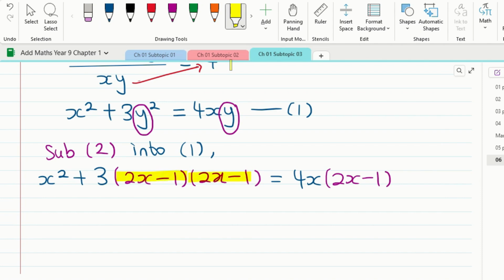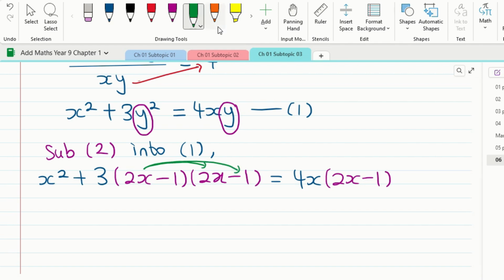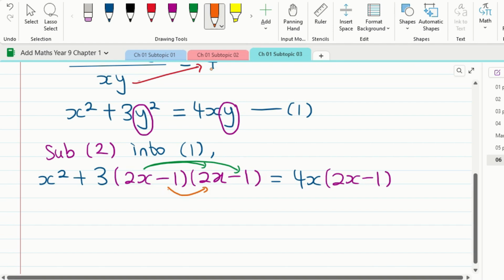My advice is usually make sure that you expand the double brackets first before you multiply it with 3. As a reminder, the first term in the first bracket must be multiplied first into the expression in the second bracket, and then afterwards the second term in the first bracket, -1, is going to be multiplied with the second bracket's expression.